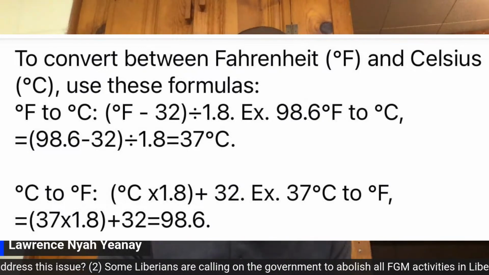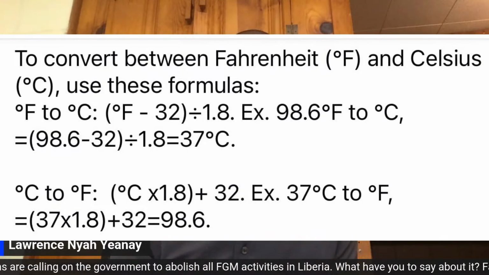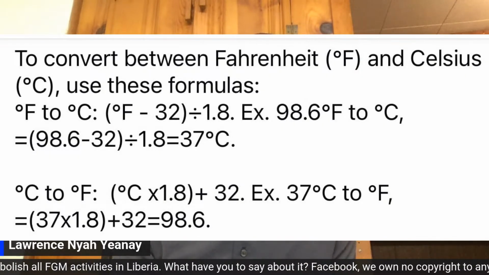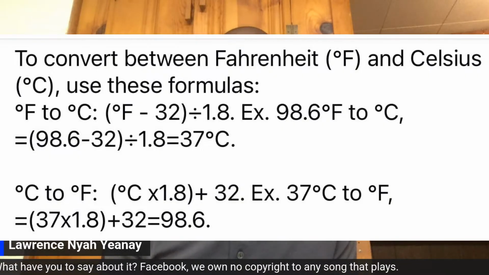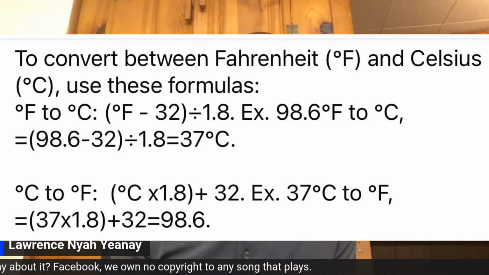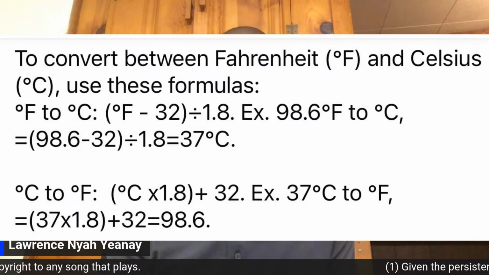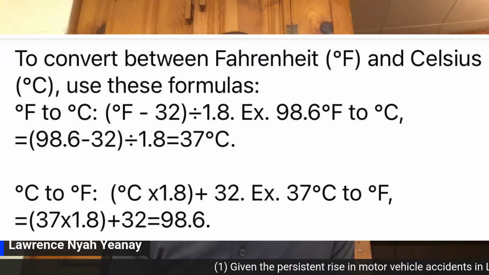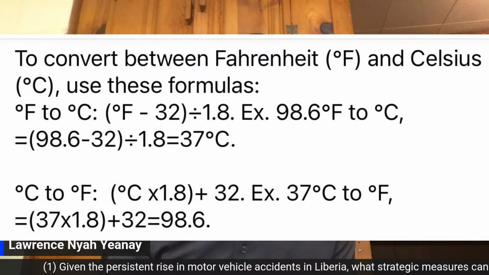This is your answer. And by the way, we use these figures because these are the constant body temperatures on these very scales. For degree F, the constant body temperature on a Fahrenheit scale is 98.6, while the constant body temperature on the Celsius or centigrade scale is 37 degree C. So that's why we use these figures.